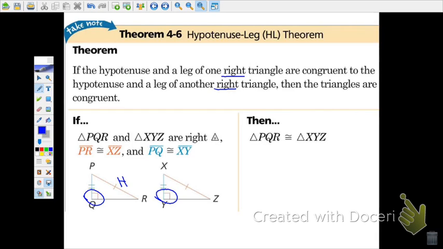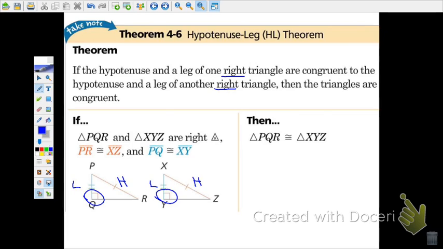The other two sides are the legs, and I have to have one set of legs marked. Even though we're only using two letters, we have to know that we have right angles. That's enough then to be able to say the two triangles are congruent.